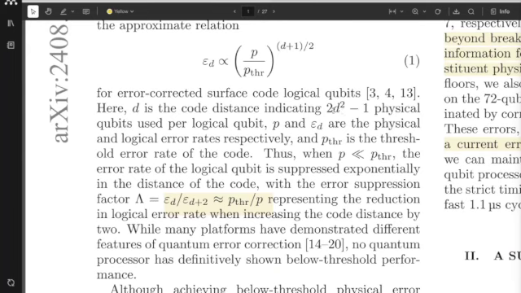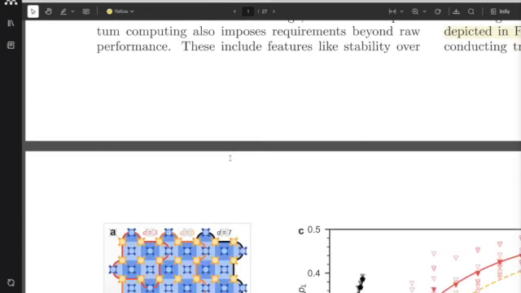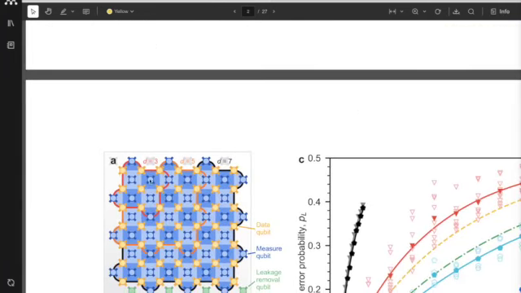Therefore, for 3, they already consider that there are 9 data qubits, and then I think 4 measurement qubits are used to study the system.